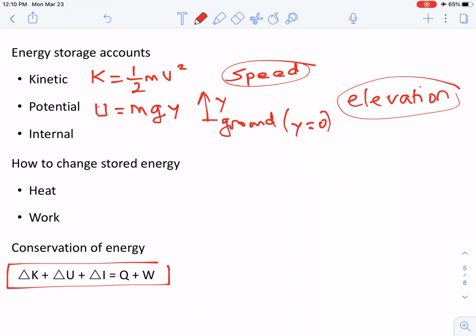So when you're looking at the problems, if the object has a speed, then you have kinetic energy. If the object is changing its elevation, then you have potential energy change as well. Okay, for the internal, I'm not going to write an equation, but it is represented with I, and it depends on the molecular level.